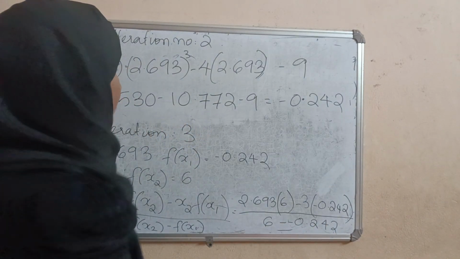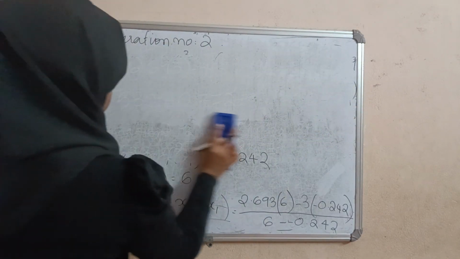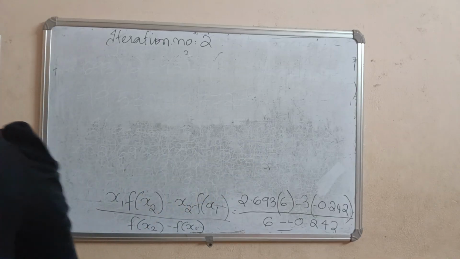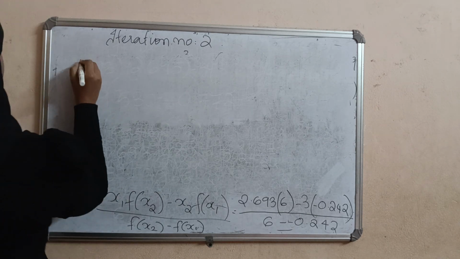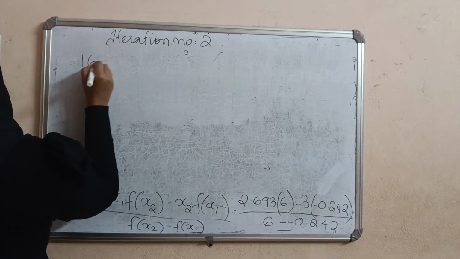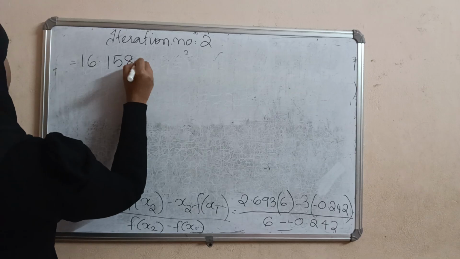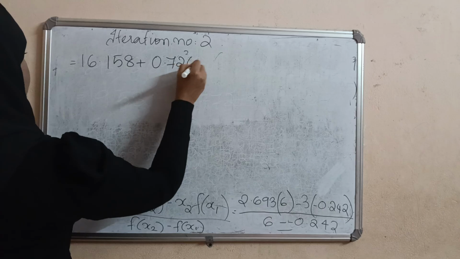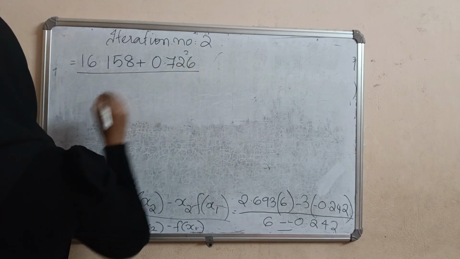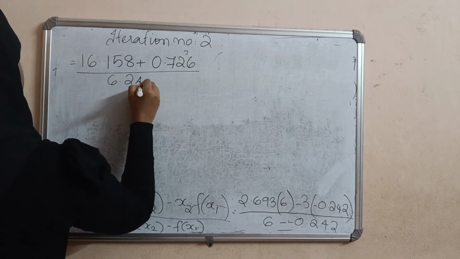This minus and minus will become plus, and our answer would be 16.158 plus 0.726, the whole divided by 6.242.